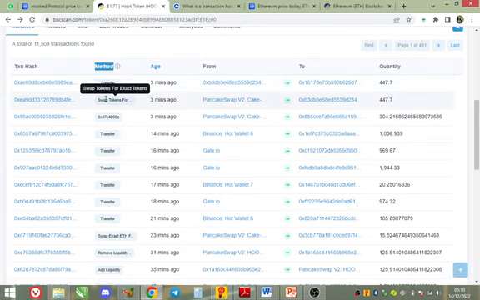This one is swap token for exact token, an exchange. It was not transferred; you only swapped it, maybe from one wallet to another, or on PancakeSwap and so on.